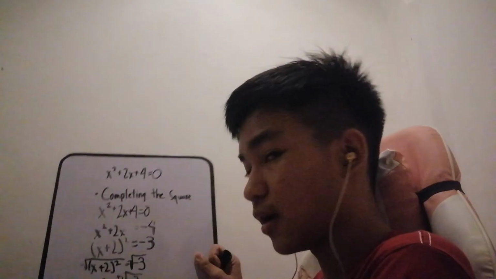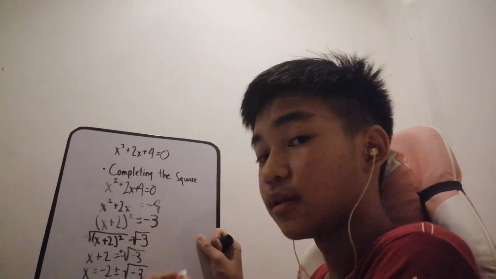So now it will be parenthesis 2 over 2 squared. 2 over 2 is 1, squared, and 1 squared is 1.